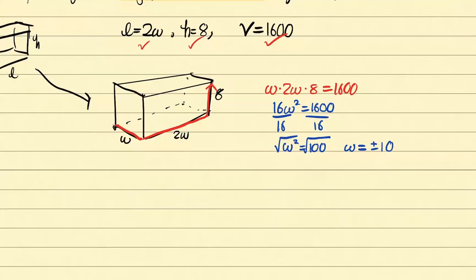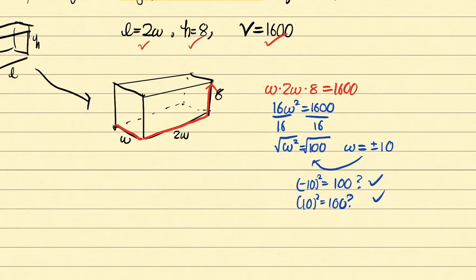When I take the square root of W squared and 100, W could be 10 or negative 10, because if I were to recheck the solution and say, is negative 10 squared equal to 100? And is 10 squared equal to 100? Both of those statements are true, right? So they are both solutions to the statement.